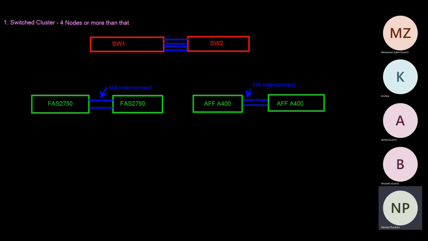We'll call these connections ISL connections, which means inter switch links. With the help of these inter switch links only, these two switches will be able to talk to each other.